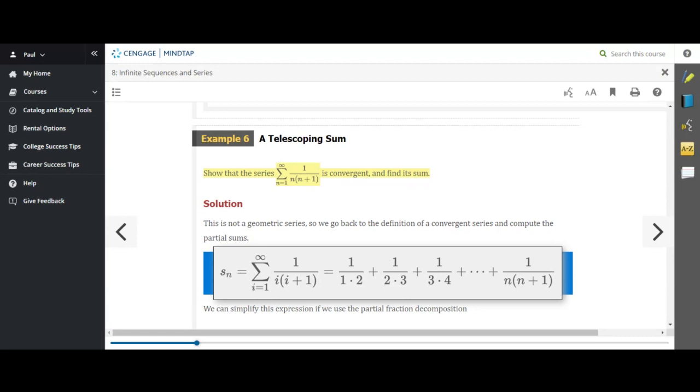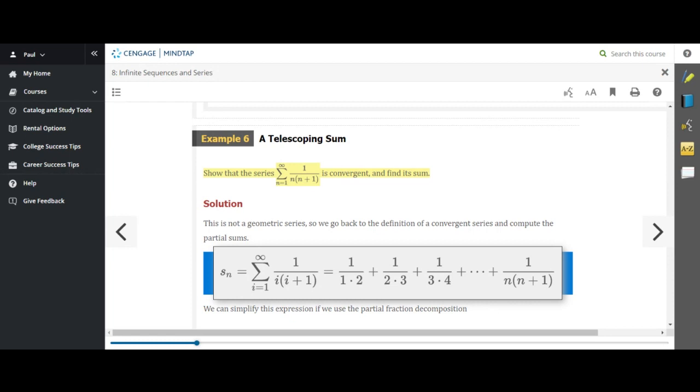Now, we would like to simplify the 1 over i times i plus 1. We can rewrite that.